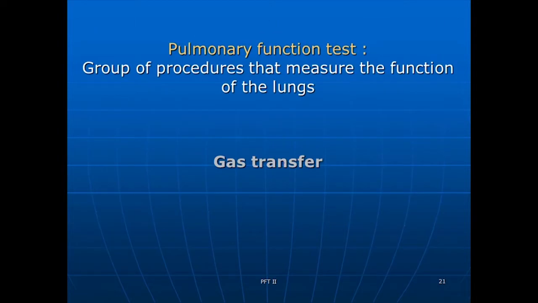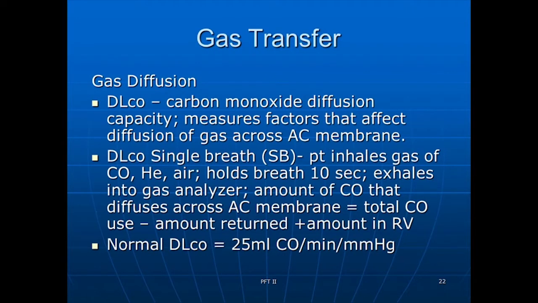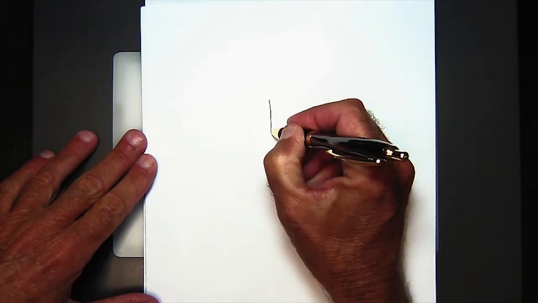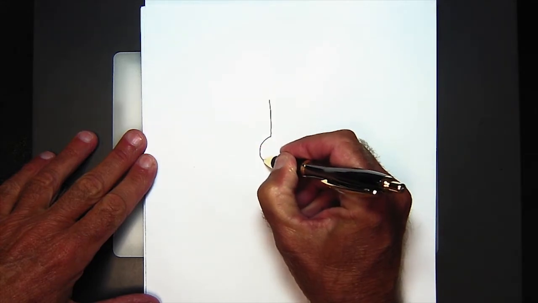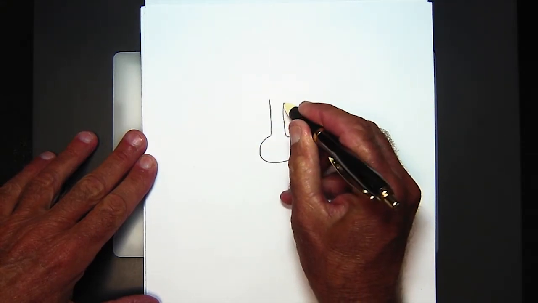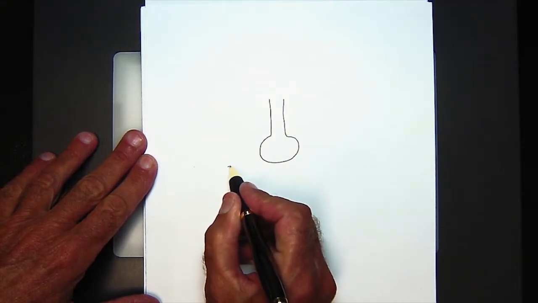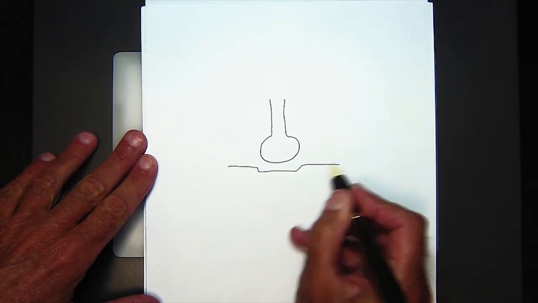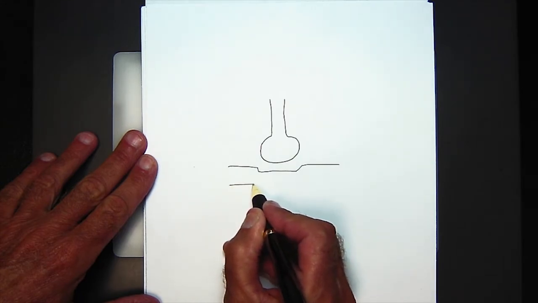So the last component of the pulmonary function study is what we call gas transfer, and this is gas transfer across the alveolar capillary membrane. Again, this is your terminal bronchial, and this is your alveoli. Then you have your capillary, so this is your pulmonary capillary.